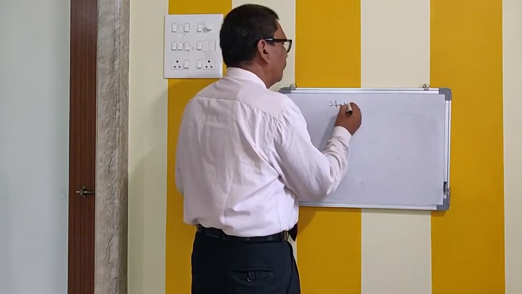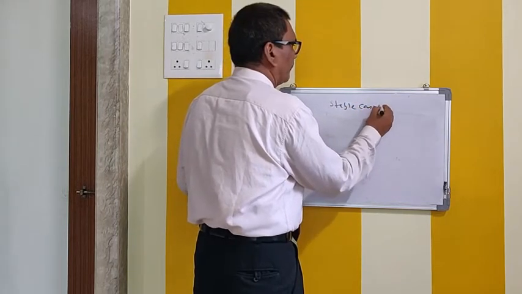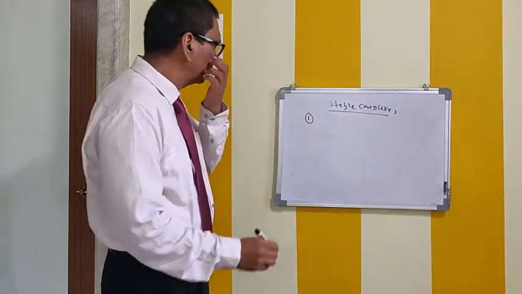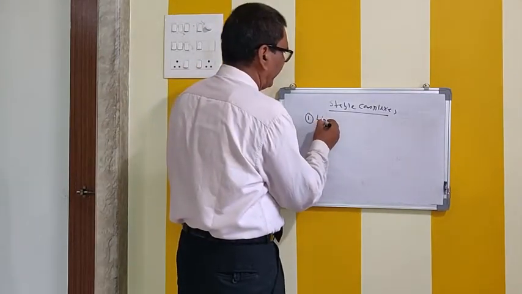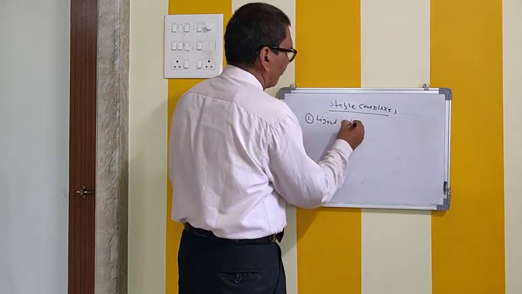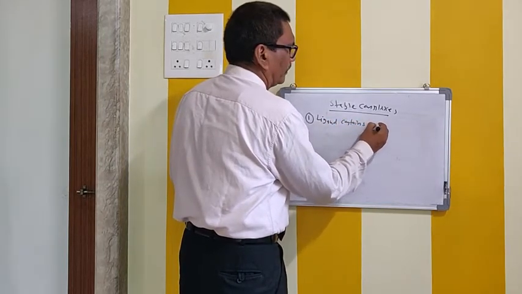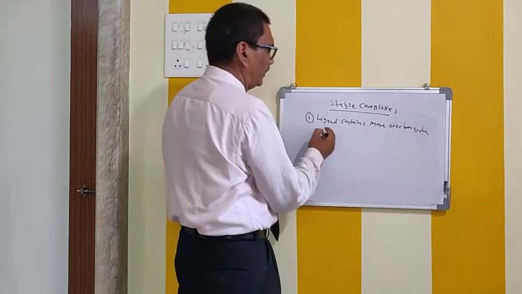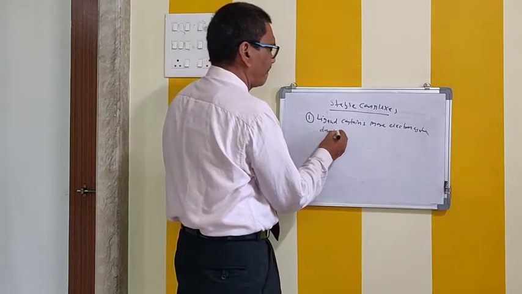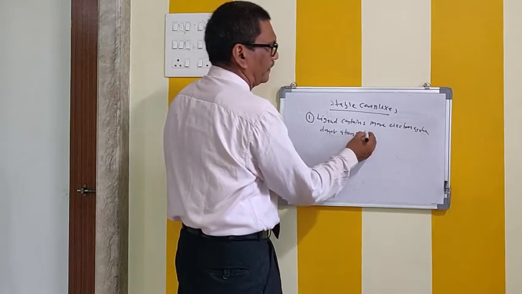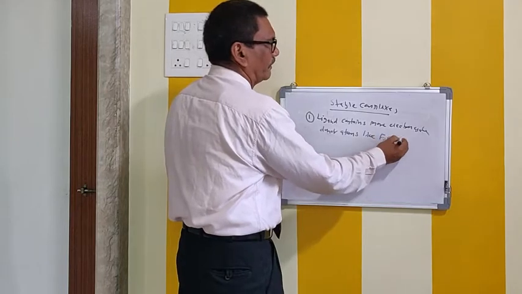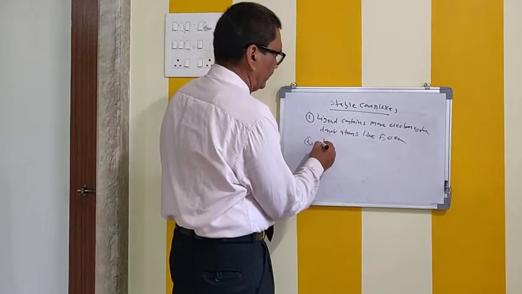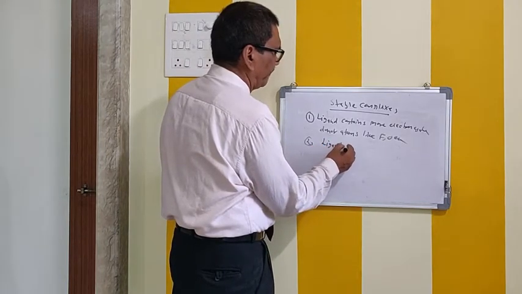Stable complexes are formed by lanthanides when, number one, the ligand contains more electronegative donor atoms like chlorine, oxygen, etc. Second, the ligand is polydentate.